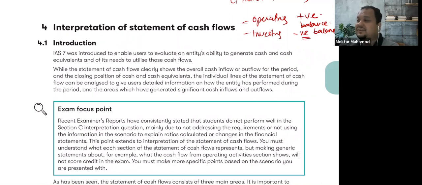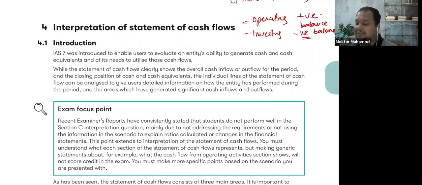So interpretation of statement of cash flow, somehow we need to be flexible a little bit on how for you to respond to the information from the question. What will be the objective of the company? Apa company tu nak buat, for example, and it will relate to your interpretation of statement of cash flows.